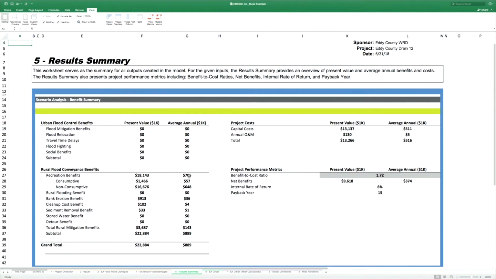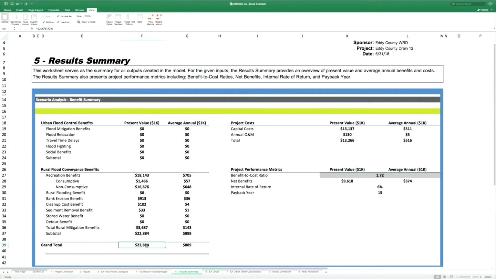You amortize the present value and the interest of your house over the 30-year mortgage. We do the same thing here with the present value benefits and costs, and we basically amortize them over the 50-year period using the discount rate to get what you would think of as the average benefit that could occur on an annual basis, taking into account the range of events that could occur and the 50-year period of analysis of the project.